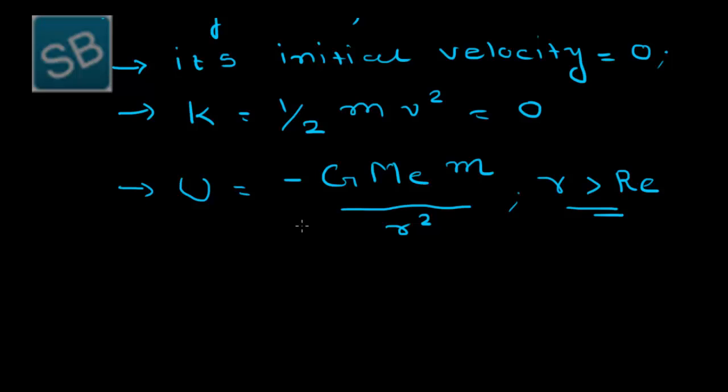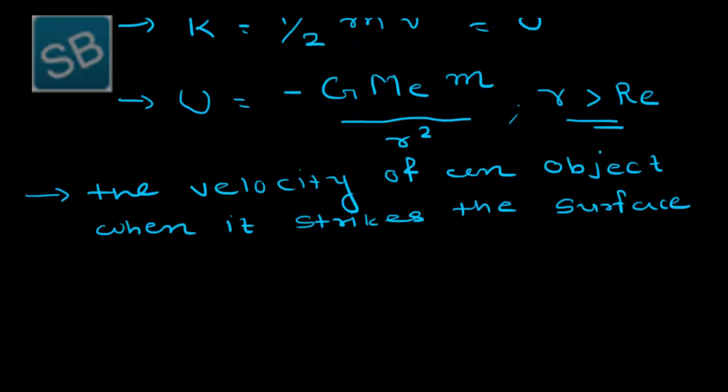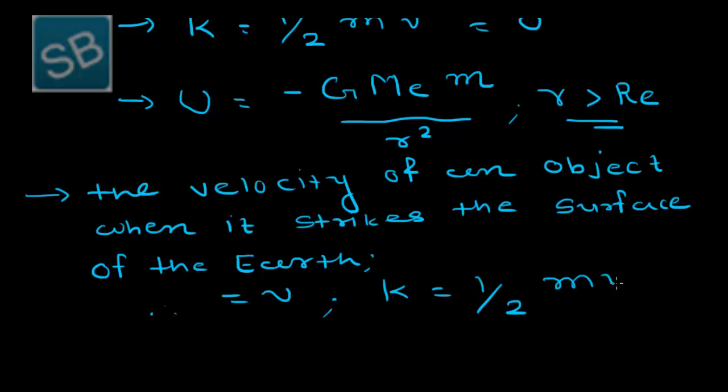And now when it will strike the surface of earth, the velocity of the object when it strikes the surface of the earth, at this particular time I consider the velocity to be small v, and hence its kinetic energy K is equal to 1 by 2 m v square.